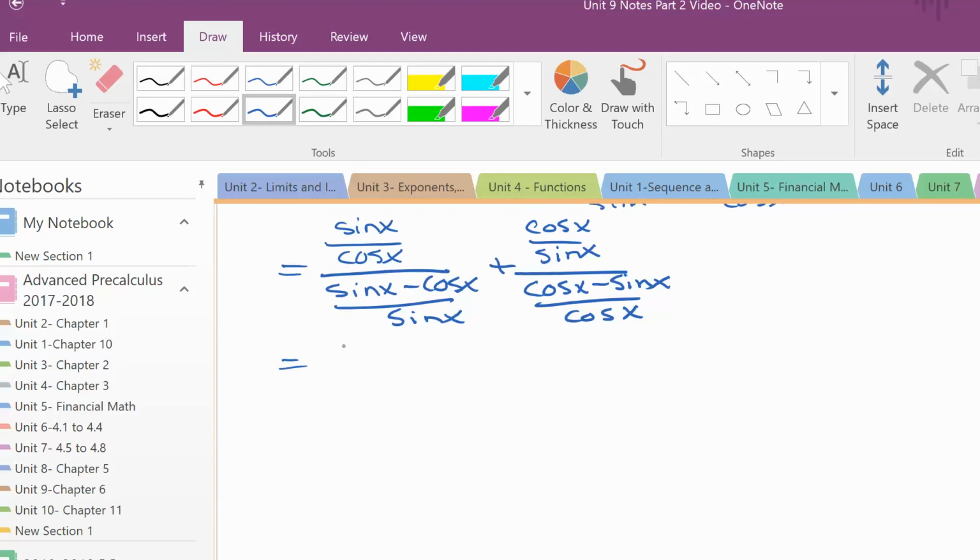When you do that, you get sine squared over cosine x times sine x minus cosine x plus, and I'll just show you an example here. I just do the work on the side.